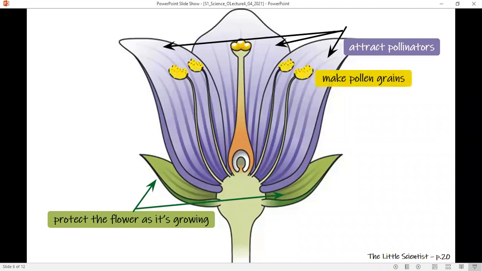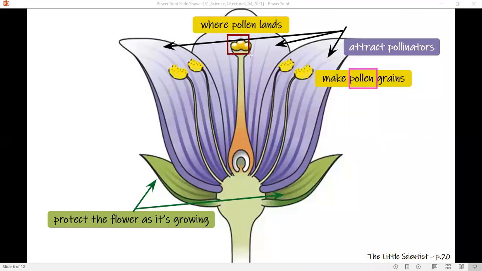The anther, the yellow part, this is the anther. It makes pollen grains. Pollen is super important. The anther produces pollen grains. Pollen grains land on the stigma, on this part.